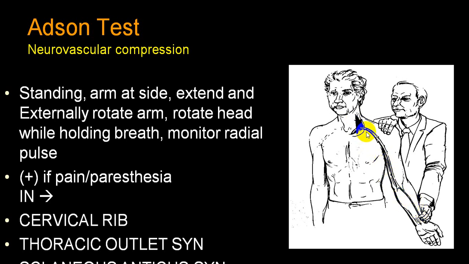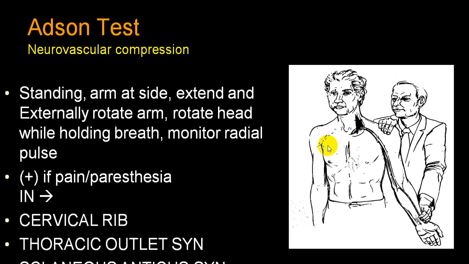If you get pain, it is because of a compression, pain and paresthesia. It is because of the compression of a neural bundle. And if you get the pulse volume which gets reduced, it is a vascular, that is artery. And this is one of the tests which will help you to identify what we call as the thoracic outlet syndrome groups.